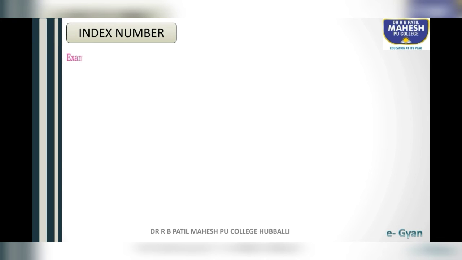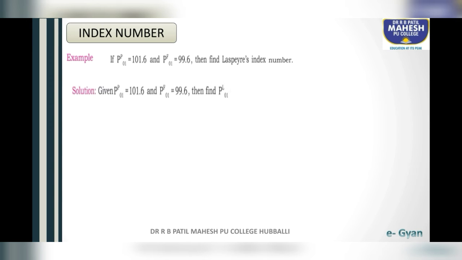Okay students, take the next example. Here P01 of Paasche is 101.6 and P01 of Fisher's is 99.6. Then find Laspeyres index number. Students, what is given here? Paasche is given and Fisher's is given already. So you have to find Laspeyres index number. First write Fisher's price index number formula.